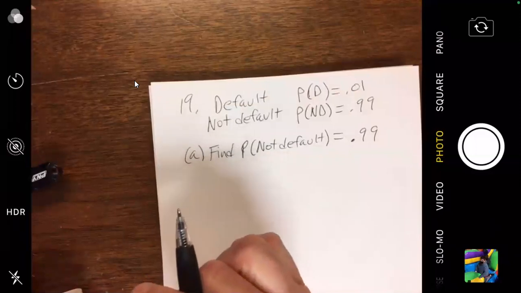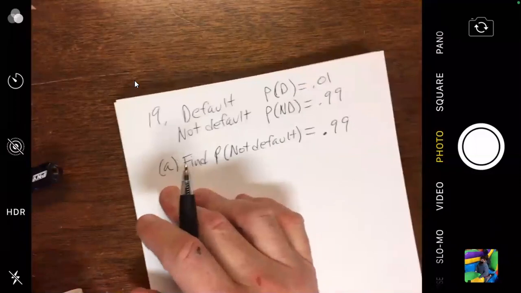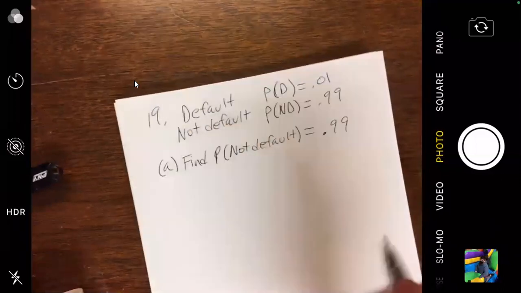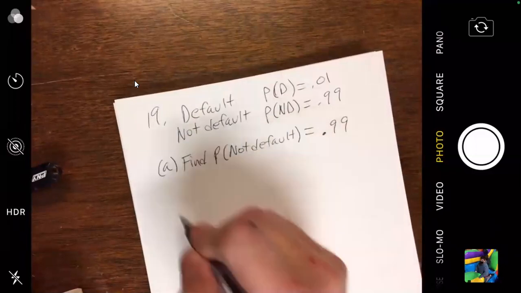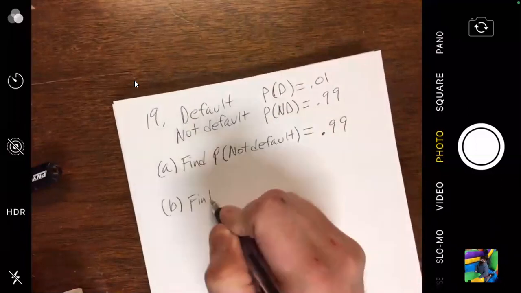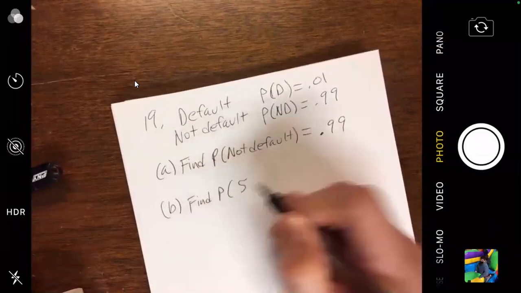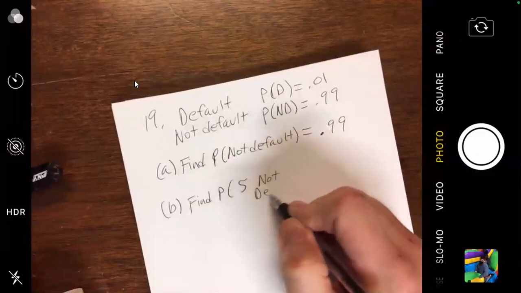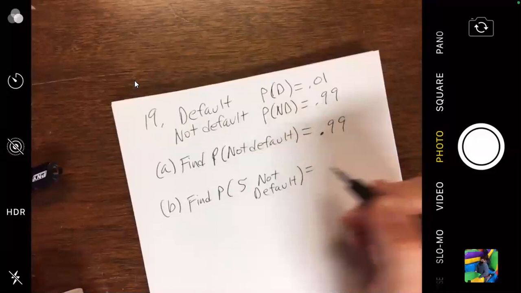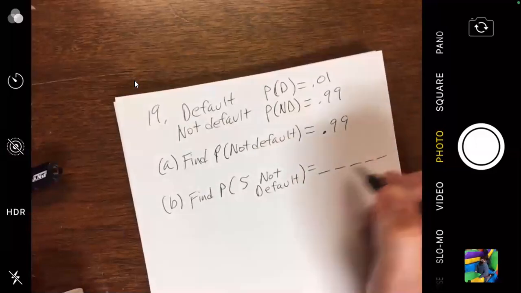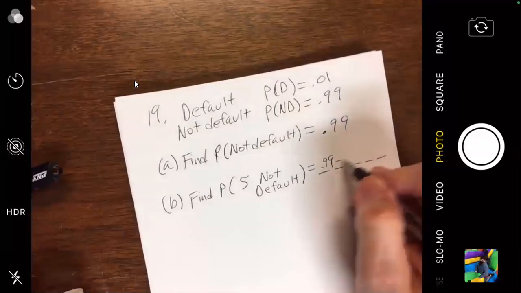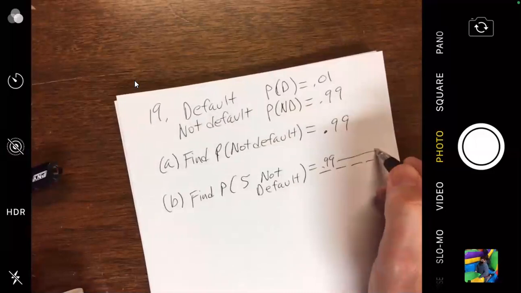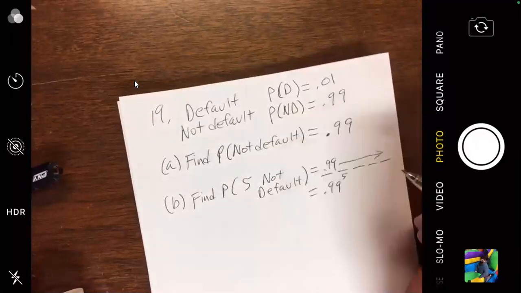All right, what is the probability a bundle of 5 will not default? So probability 5 not default. Well, can you tell that's going to be 1, 2, 3, 4, 5, each 0.99 for all of them, making 0.99 to the 5th power.